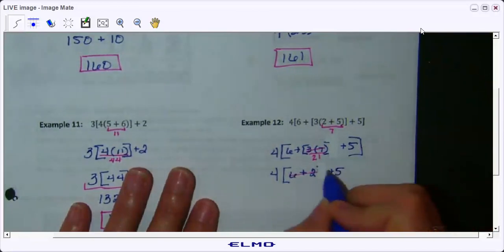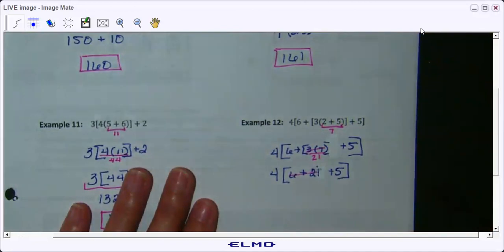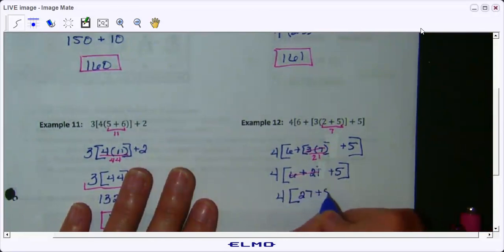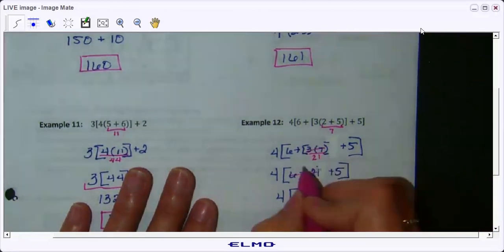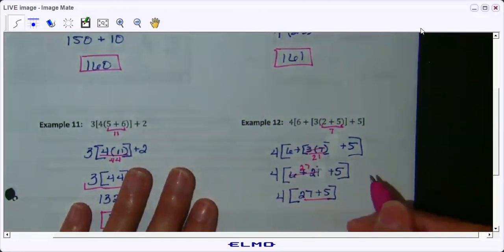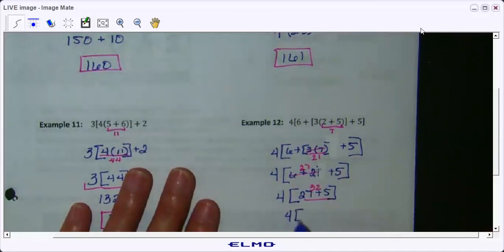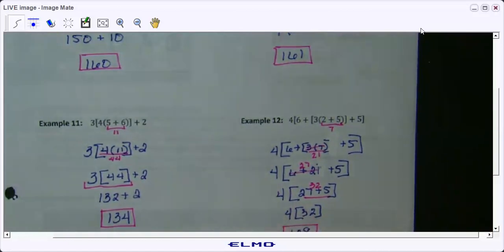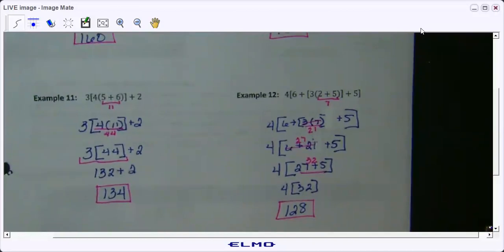I guess it should be here. So I have 4 times 27 plus 5. That's 6 plus 1 is 7. And I do 27 plus 5 and I get 32. So I have 4 times 32. And my final answer is 128. Okay, and that concludes lesson 1.2 order of operations.